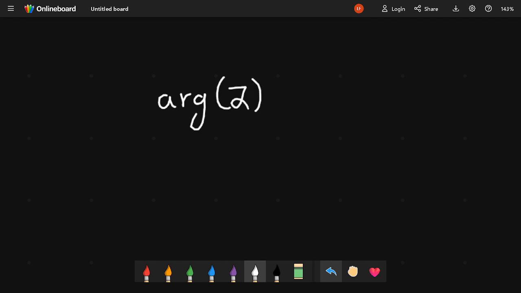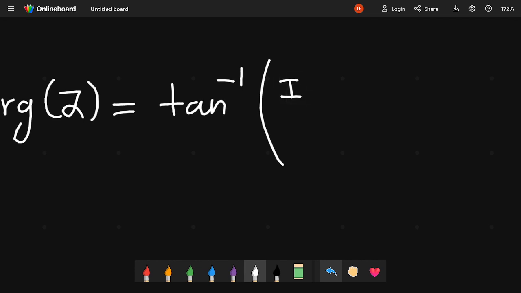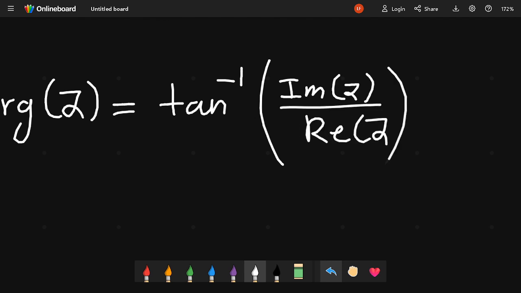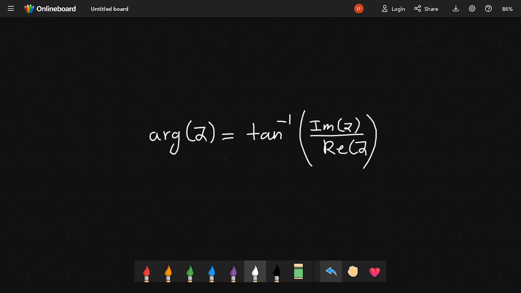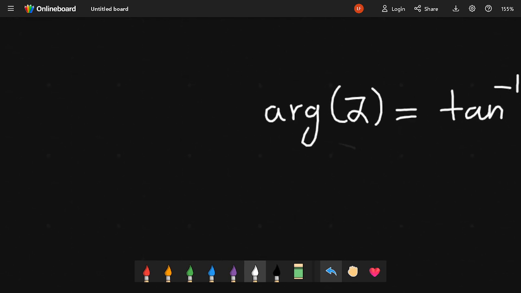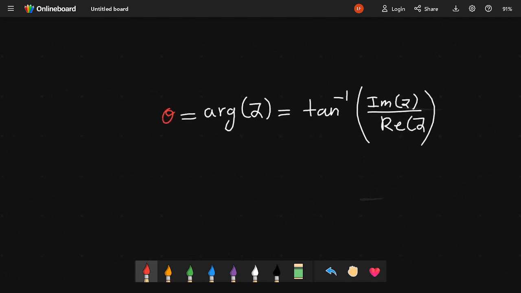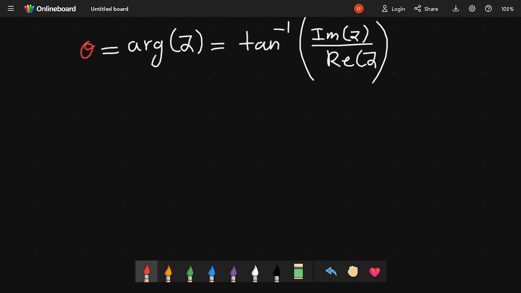Argument of z is given by tan inverse, or arctan, of the imaginary part of z over the real part of z. Now, how do we solve this? An argument is just the angle that that point makes with the x-axis. So we're just finding the angle with this.